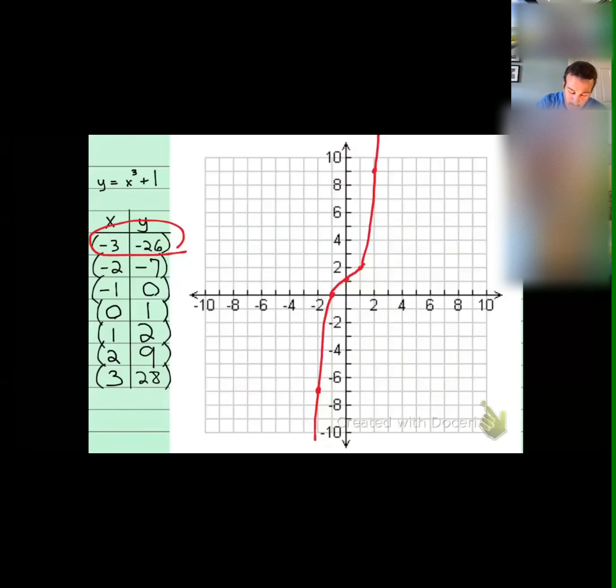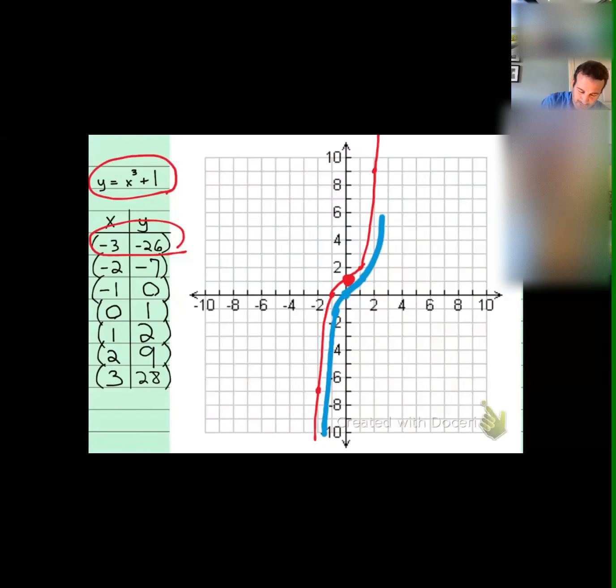Now, the important point on this graph is this right here. When you go back and look at the original equation, x to the third plus 1, what do you think that plus 1 is doing to that point? This point really should be here if it wasn't for the plus 1.